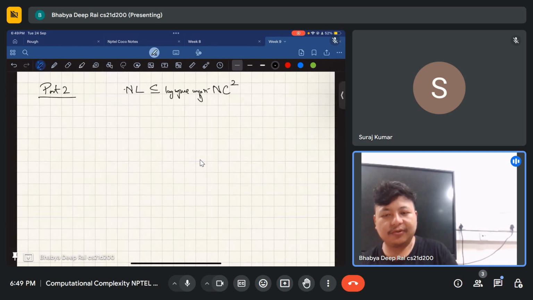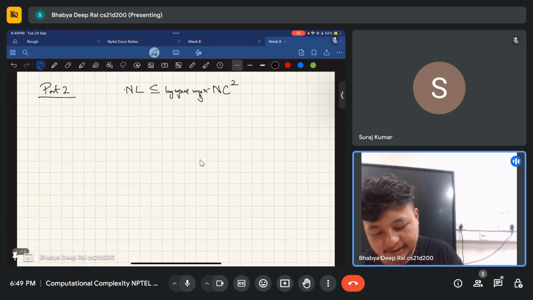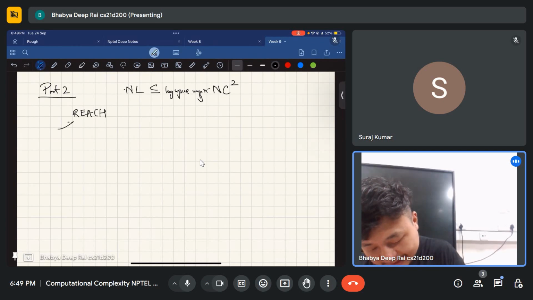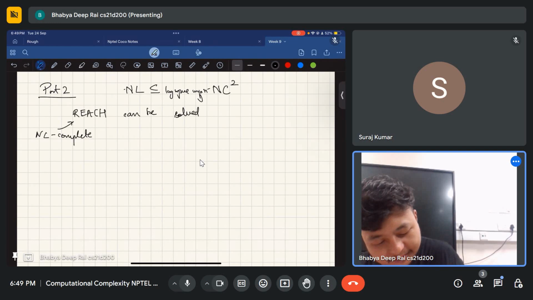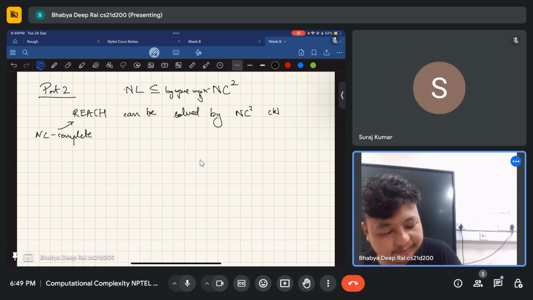So how do you do this? You'll show that reachability, which is NL complete by the way, can be solved by NC2 circuits.